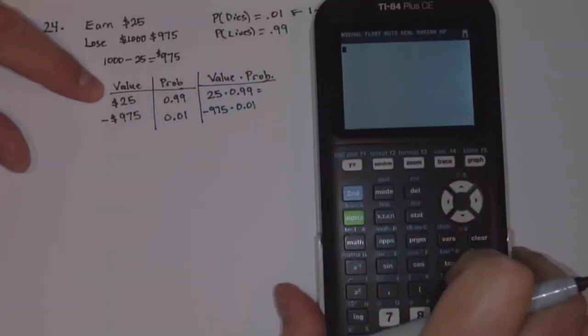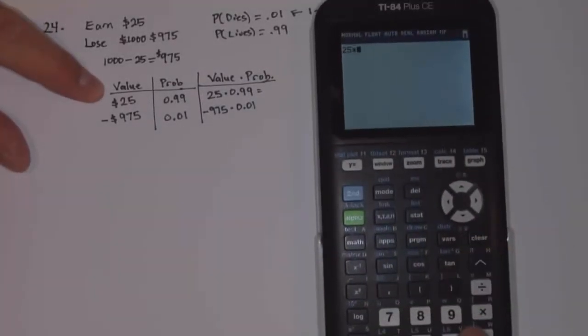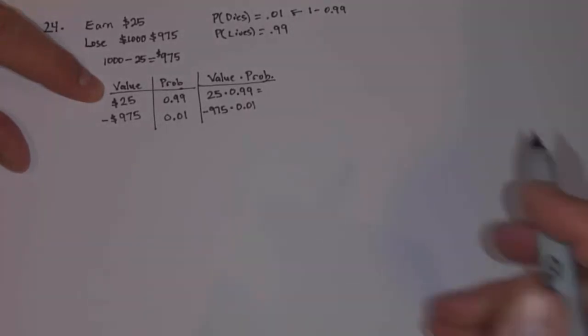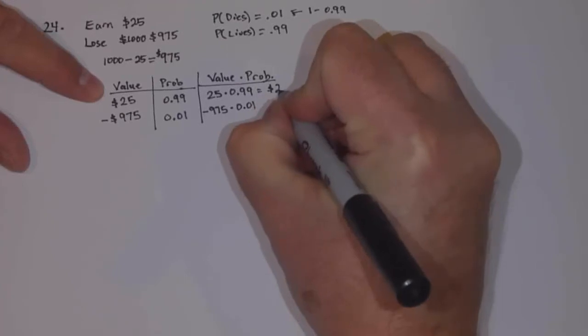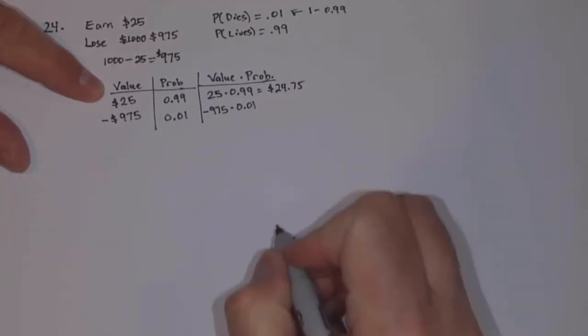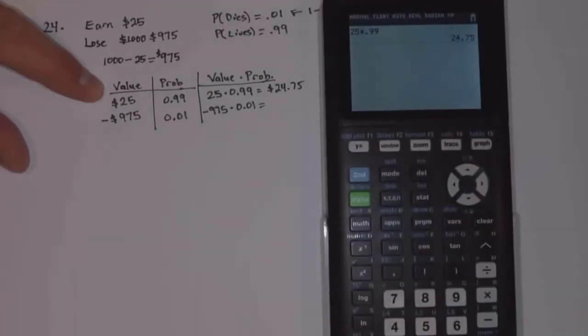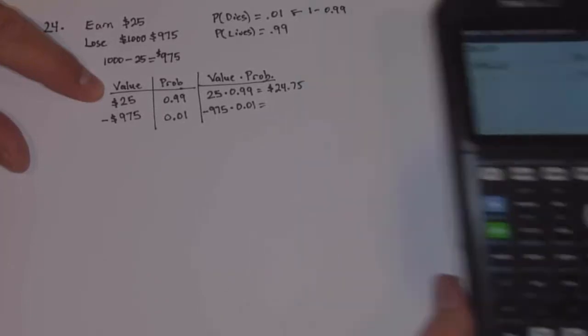So if I bring in my calculator for that, 25 times 0.99 is $24.75. And if I take negative 975 times 0.01, that is equal to negative 9.75.